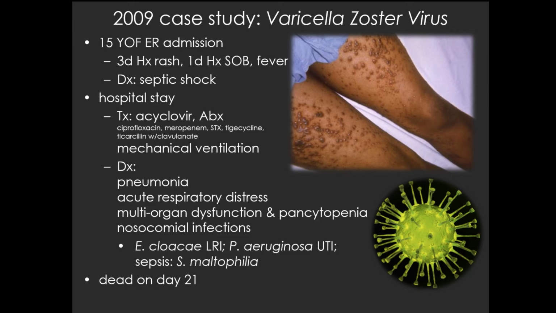She ends up with a urinary tract infection with Pseudomonas aeruginosa, which is a result of her being catheterized. And she ends up with septic infection of Stenotrophomonas maltophilia. And on day 21 of her infection, this young, otherwise healthy gal dies of what began as a chickenpox infection.